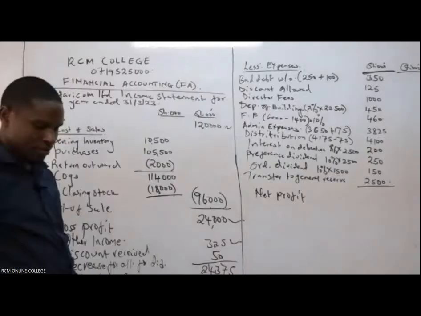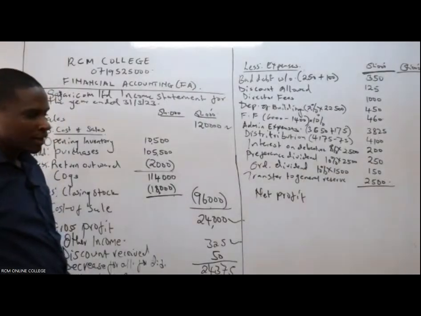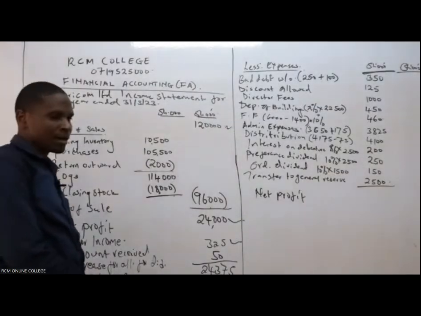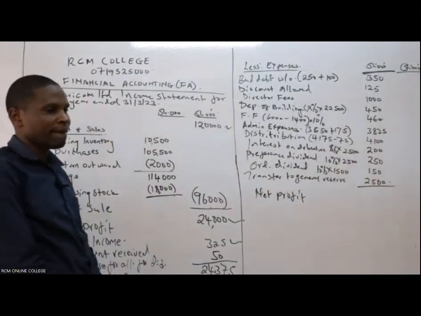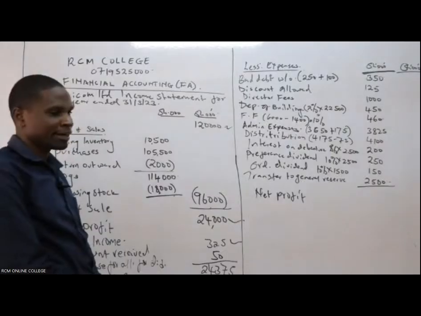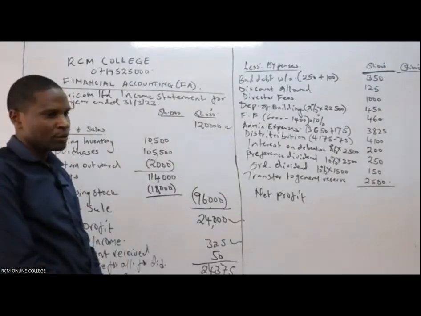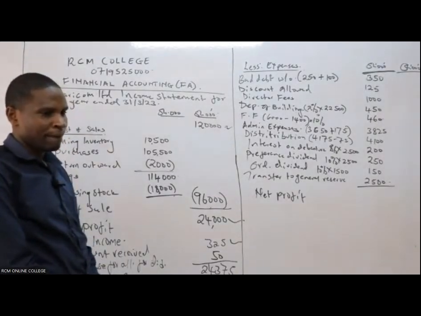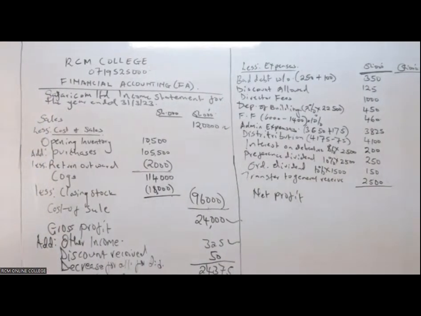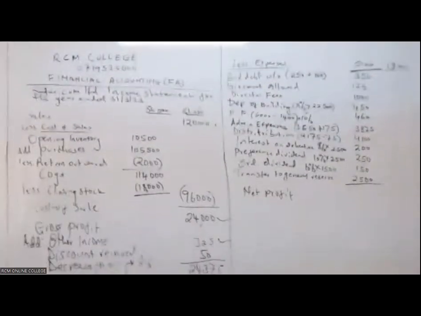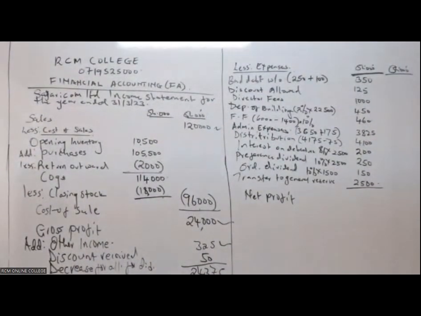First, let us be given the expenses, please. Expenses, how I wish I had my calculator here. Let me adjust this a little. How I wish I had my calculator.